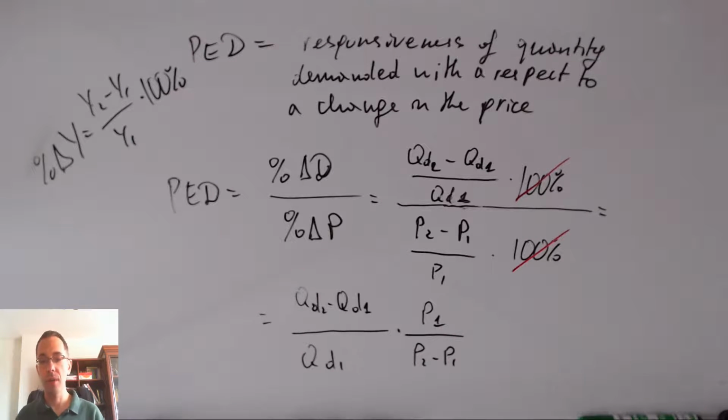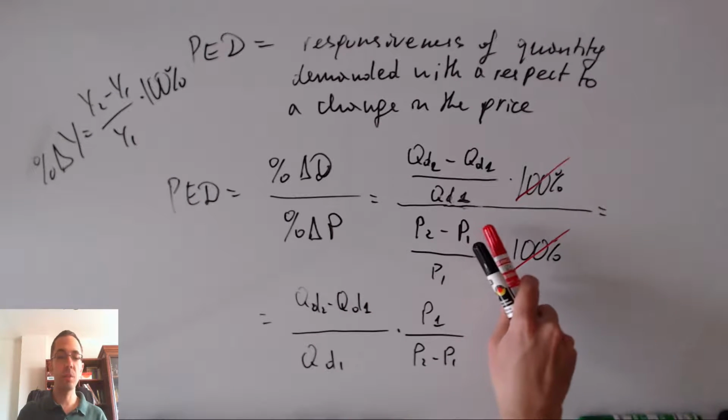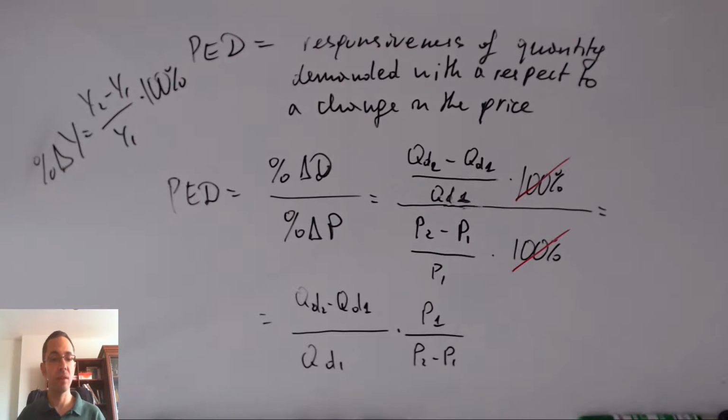Doing basic algebra. But most of the time you will see the previous one as the expression of the formula. All right, let's see a real example with real numbers, and then we'll talk about the values and the ranges that PED can take.